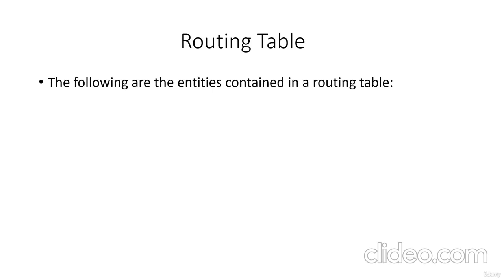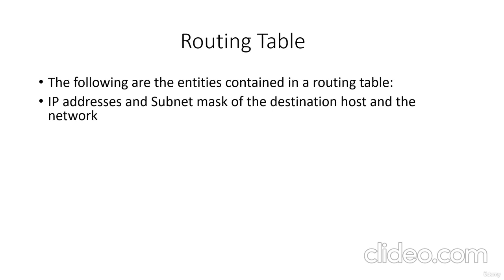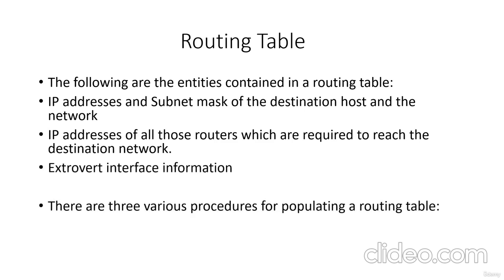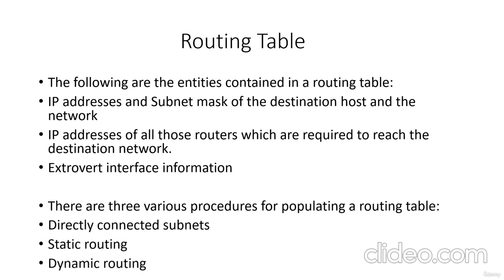The following are the entities contained in a routing table: the IP address and subnet mask of the destination host or network, the IP addresses of all those routers which are required to reach the destination network, and exit interface information. And there are three procedures for populating a routing table: first, directly connected subnets, then static routing, and last, dynamic routing.